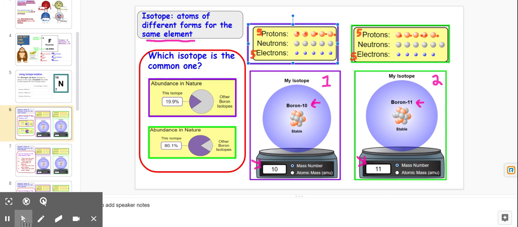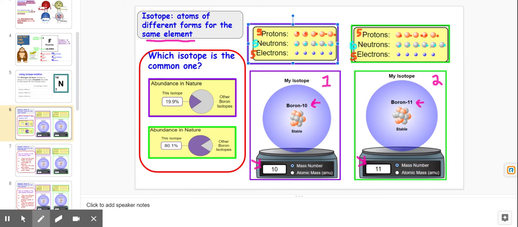We have 5 neutrons in our first isotope, and we have 6 neutrons in our second isotope.